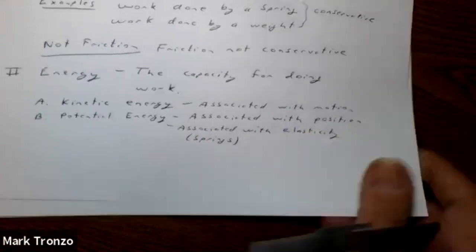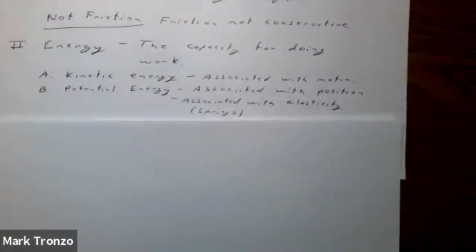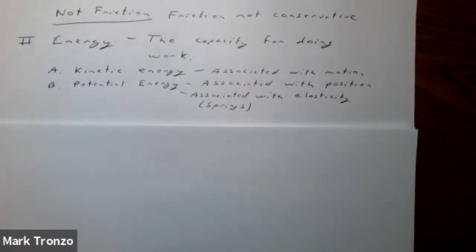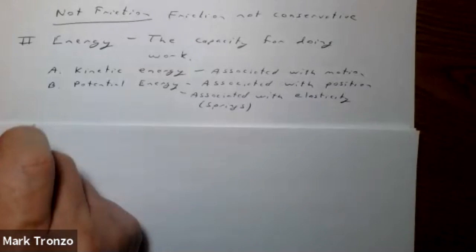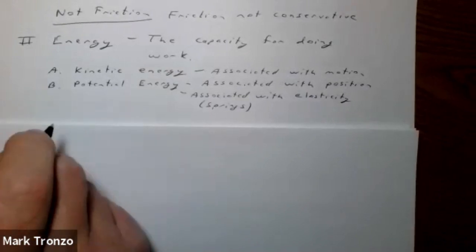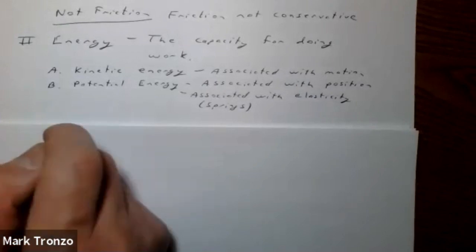So let's look at a little bit more specifically here. For potential energy, we're going to have it due to weight. Now it's going to be a little bit different than before.